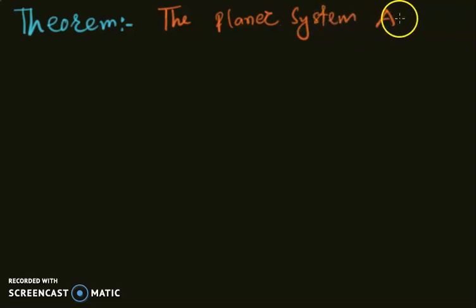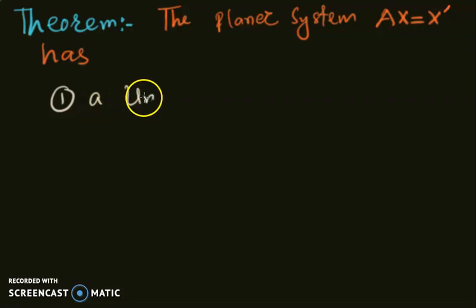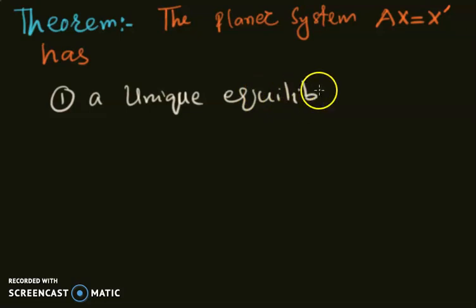The theorem says that the planar system x prime equal to Ax has a unique equilibrium point, or equilibrium solution, or sometimes fixed point or stationary solution.